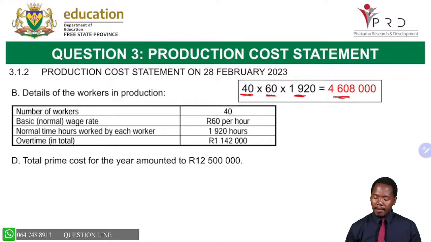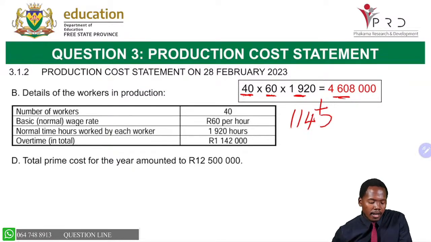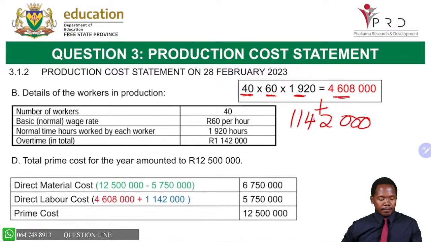40 multiplied by 60 multiplied by 1,920. Right, so it's 4,608,000 rands. Okay. Now overtime amount, which will be 1,142,000. Let's look at that.